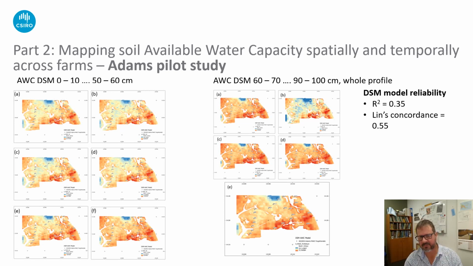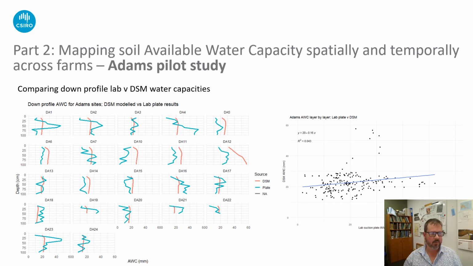The model reliability is an R-square of 0.35, and the Lin's concordance is an estimation of the 1-to-1 relationship. Those models are actually quite strong in DSM terms. What we did next was we took the lab AWC whole of profile data.